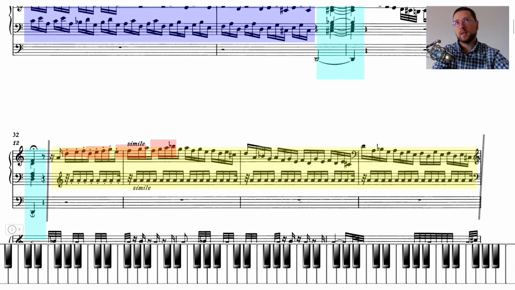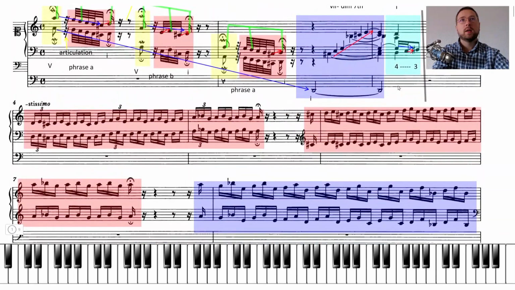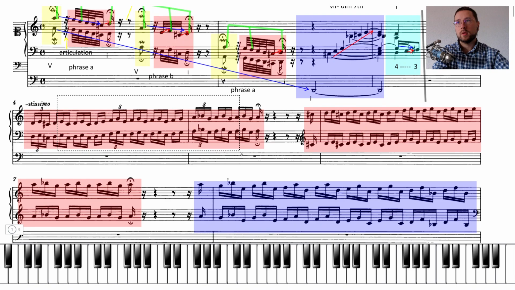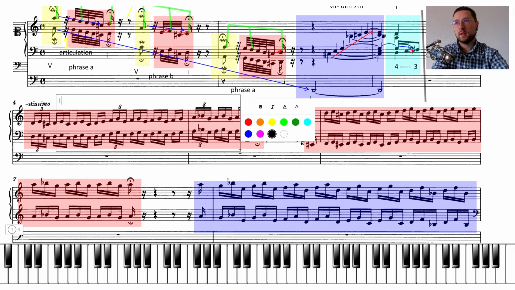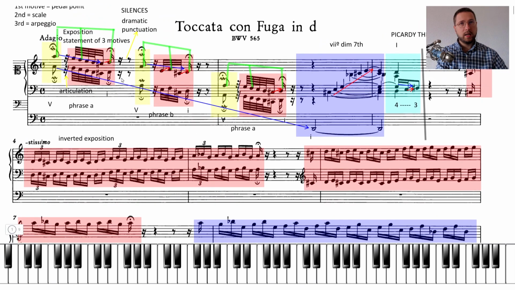The first development, which will last until that perfect cadence that we see there on the D minor, is basically the inversion of the motive. So this is what I would like to call the inverted exposition. If the main exposition was based around the descending scale, or the descending path from the dominant to 1, 5, 1, 5, 1, the next exposition, or the development, is an ascending one.